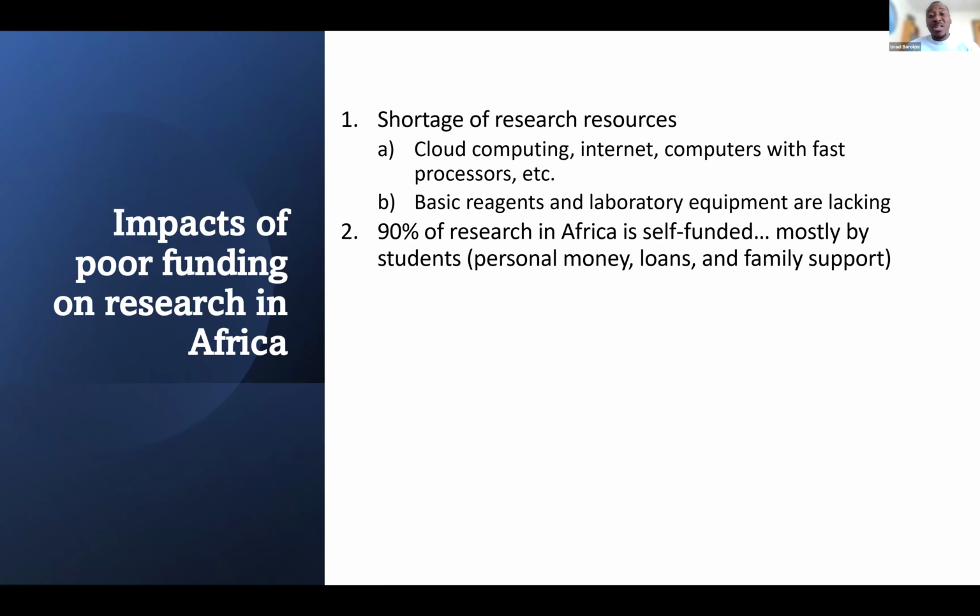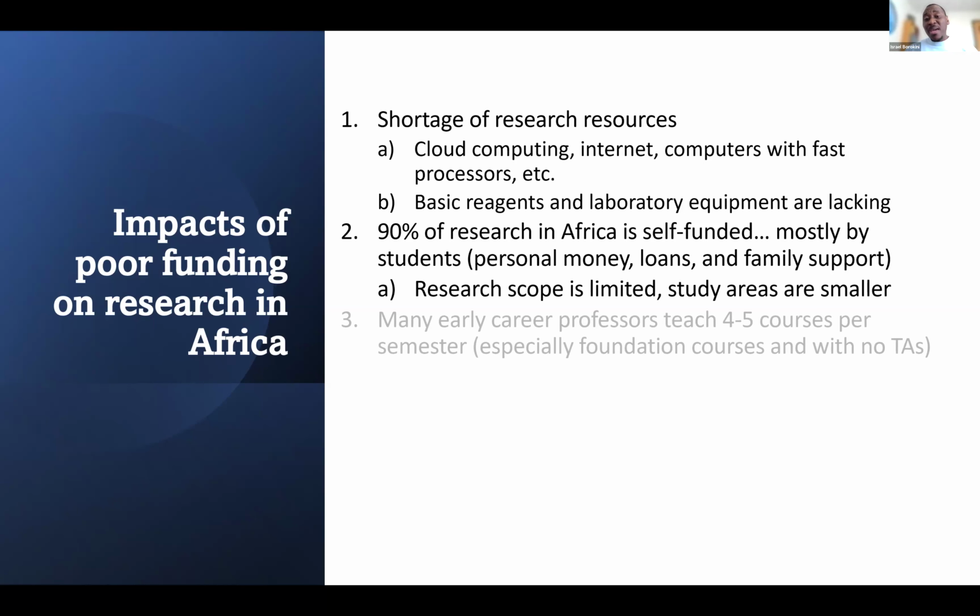They have to do something within their means. This is a major problem. That is why you see a lot of studies coming from Africa have small study areas and low generalization, because most people use their money to do the research. And so that is something for us to think about when we see publications coming from Africa.